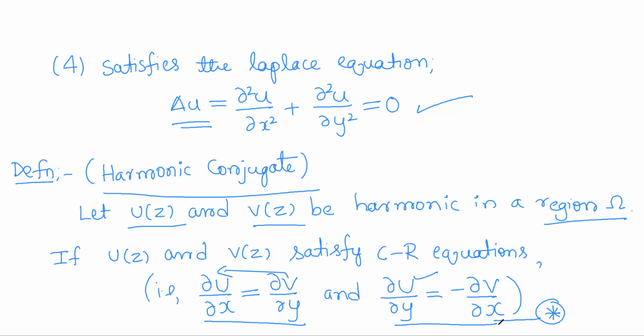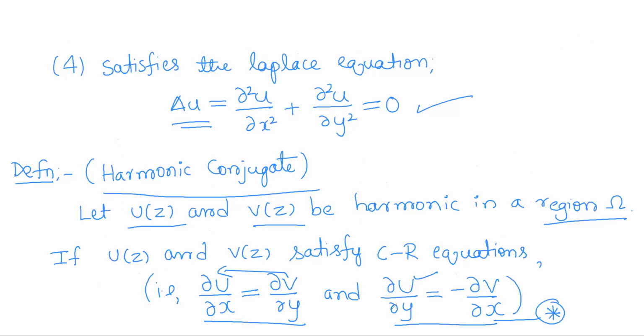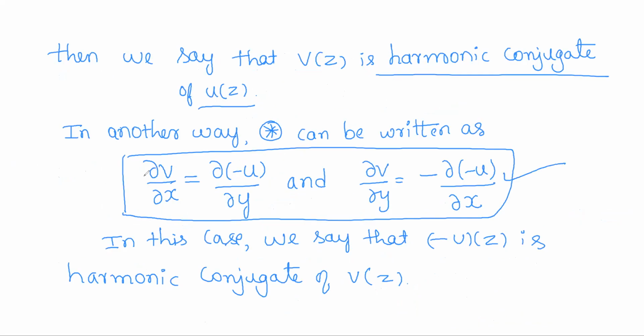So if the same equations are rewritten starting from v, those two equations will be like this. The second equation, ∂u/∂y is equal to minus ∂v/∂x. So take minus to this side, then take minus inside. So then it can be written as ∂v/∂x equals ∂(minus u)/∂y.